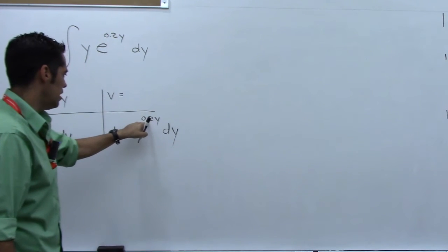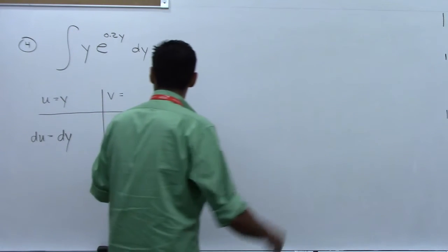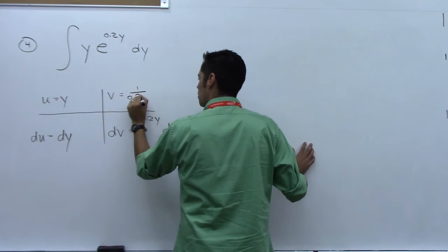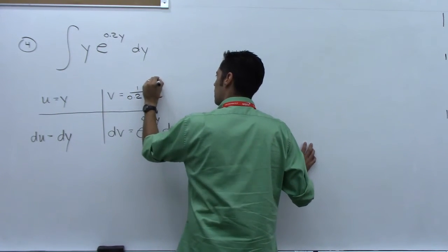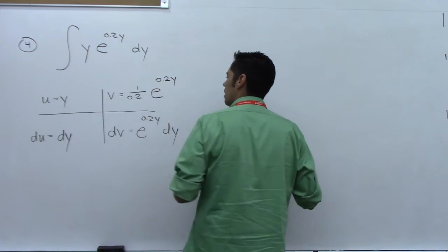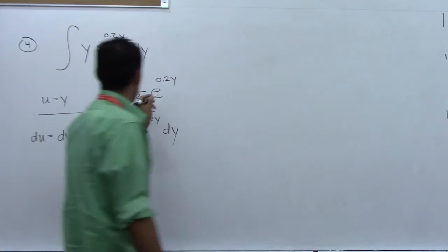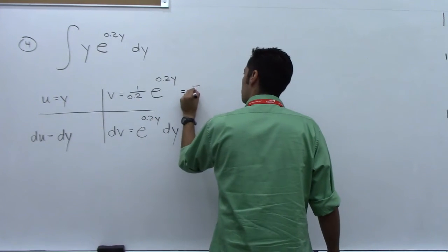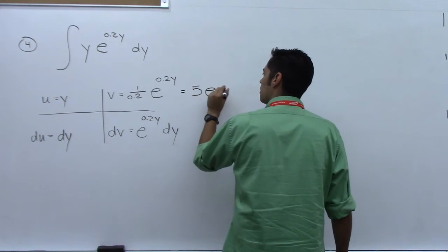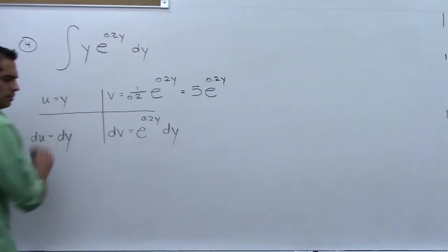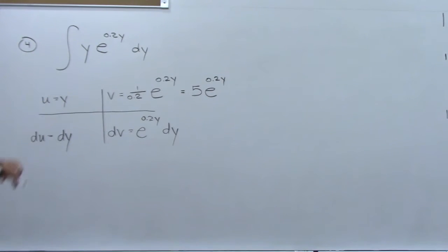I have a constant in front of the y, so with the basic substitution we would get 1 over 0.2 e to the 0.2 y, and 1 over 0.2 is actually 5, so this is just 5 e to the 0.2 y. I messed up, wait, no, this is number 4.